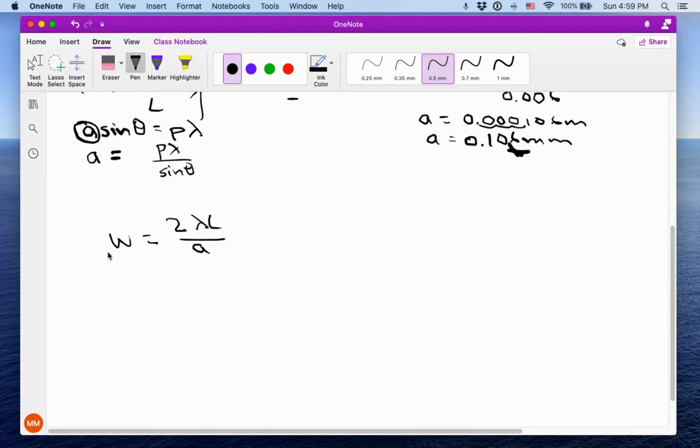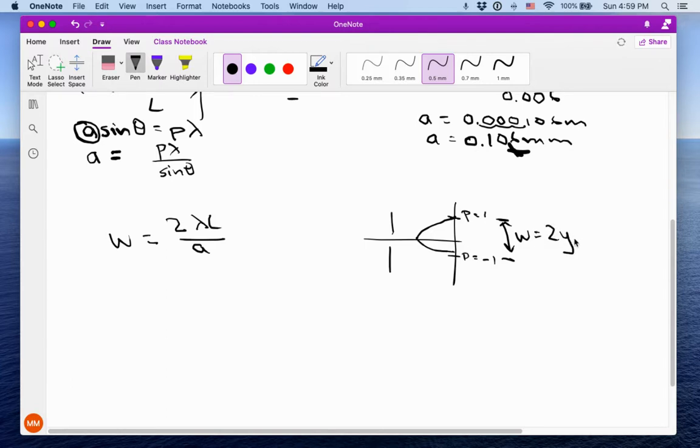We're looking for A. Remember, I'll just draw this again. From P equals 1 to P equals minus 1, that's going to include that big central peak, right? So this is going to be my W. So W is equal to 2y, right?